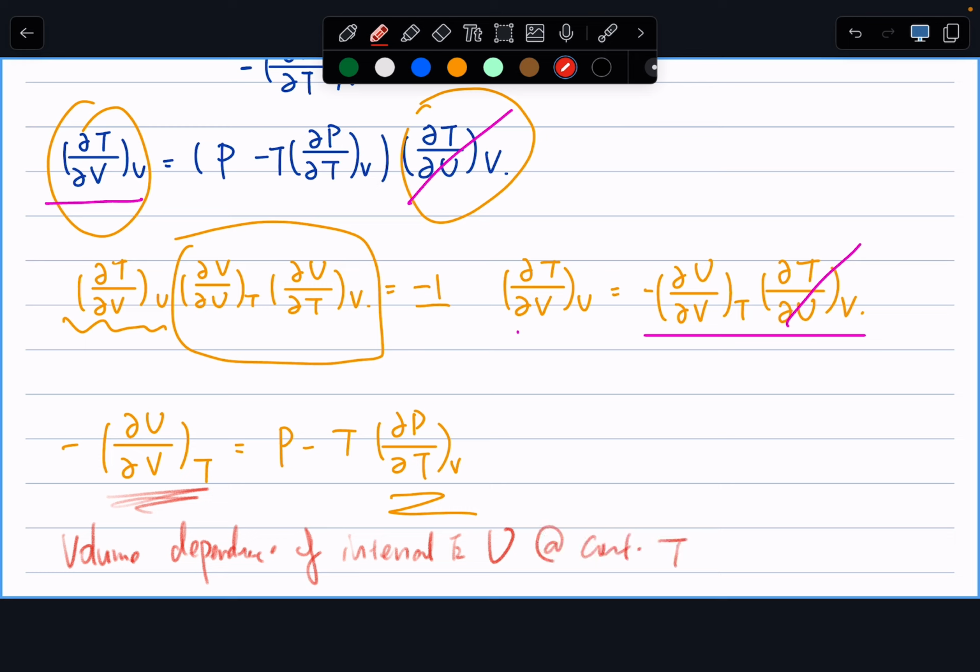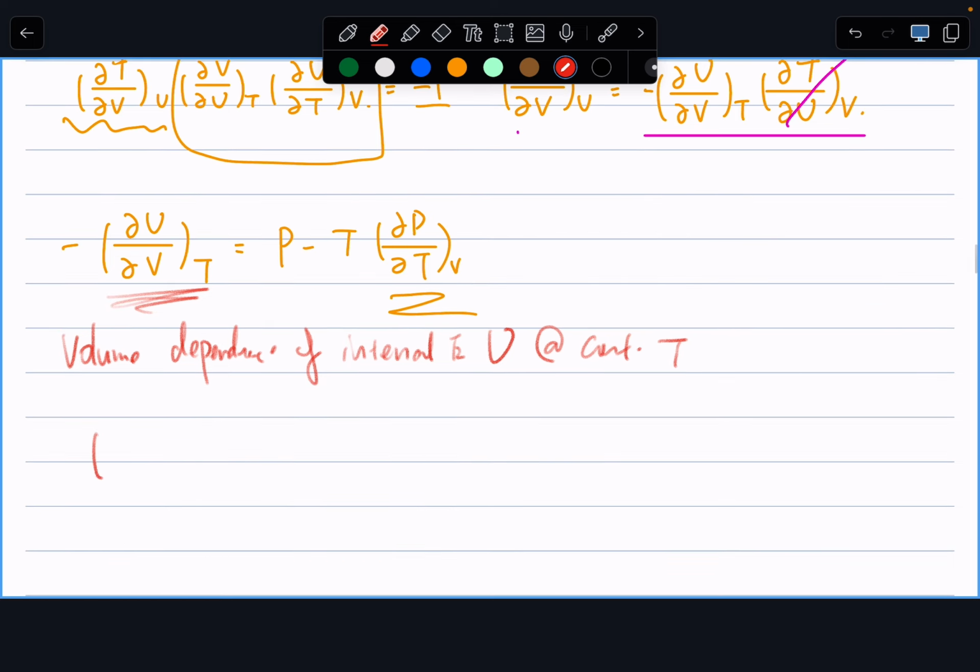This is something we already solved in the previous lecture: dU over dV at constant T equals T alpha over chi minus P. This one is inherently alpha over chi, so that goes back to what we started from.